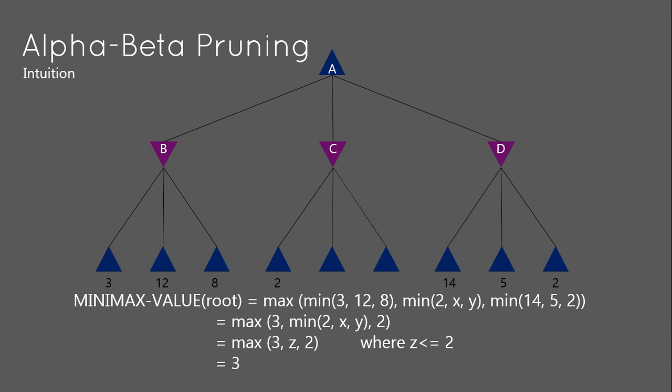So alpha beta pruning is about improving the minimax algorithm so that we don't have to examine or explore all nodes to get the minimax value of a game tree.